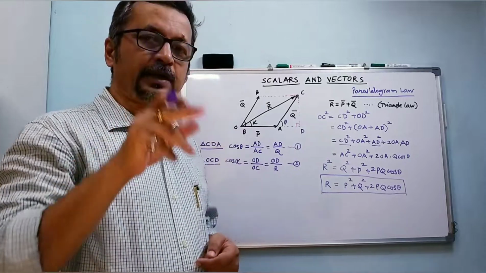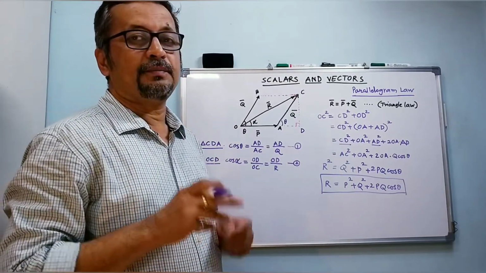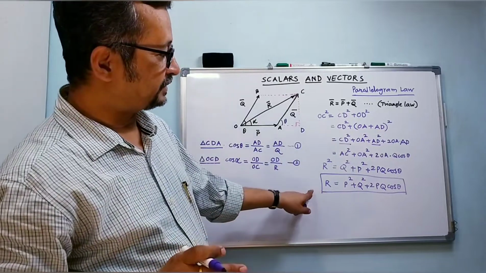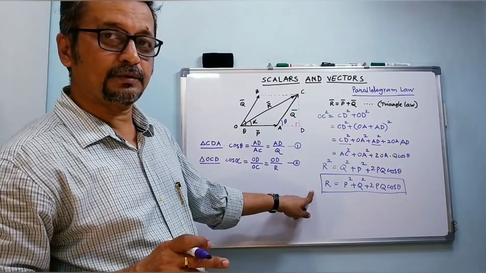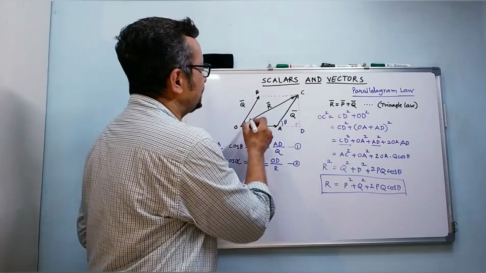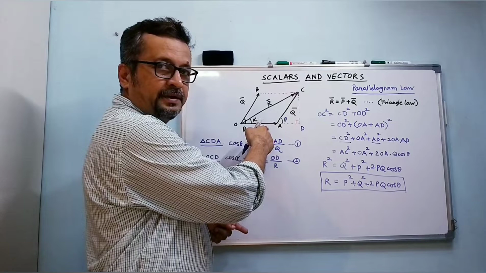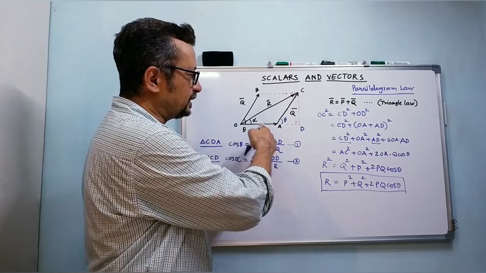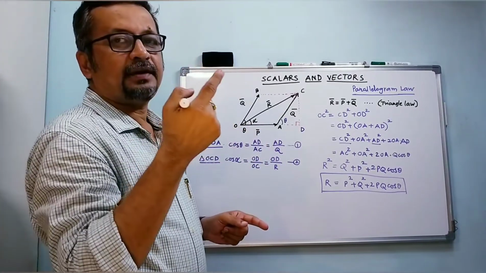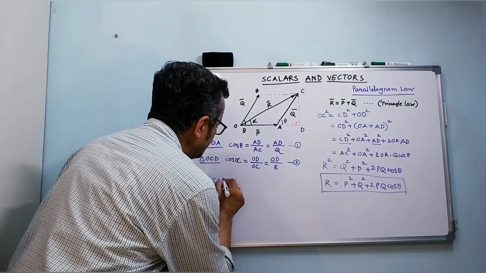Now since we are talking about vectors, a vector has got magnitude as well as direction. Magnitude we have figured out. What about the direction? Here you can see that the angle between the resultant and my first vector is alpha. Correct? So how do we quantify alpha? Now I write tan alpha.